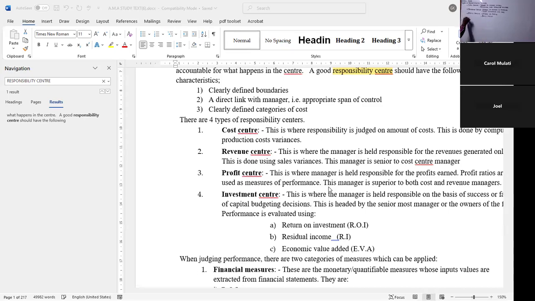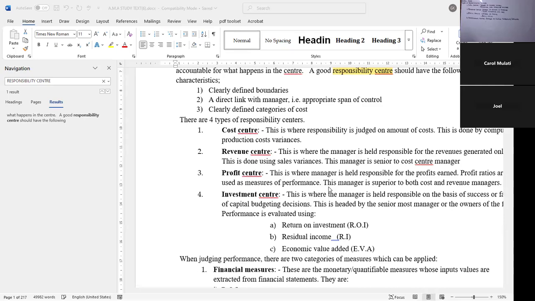Then number 4 is called the investment center. Now, investment center, it is judged on the basis of capital budgeting decisions.